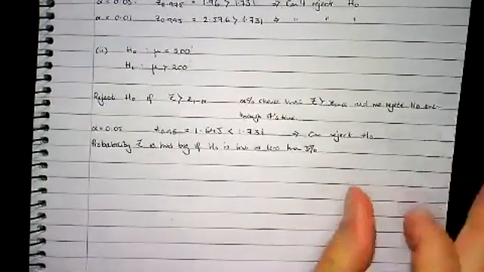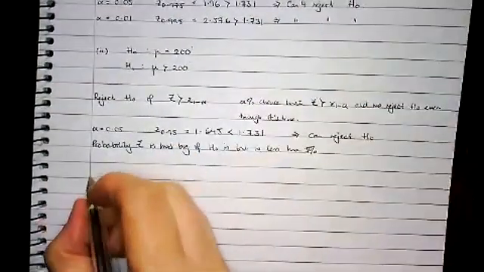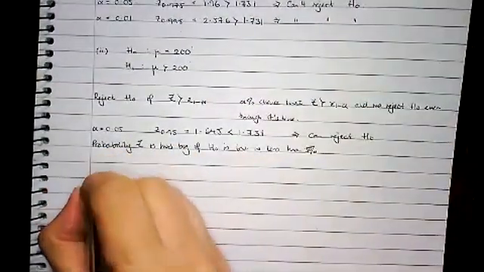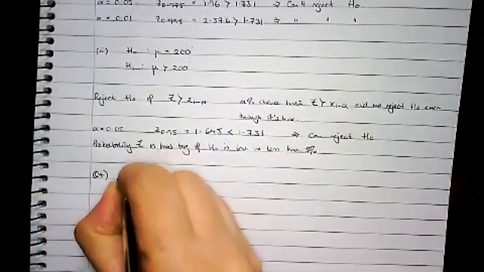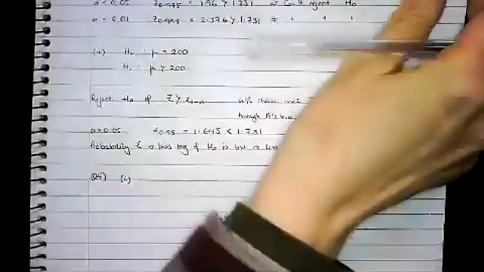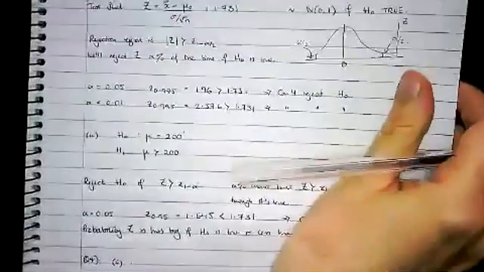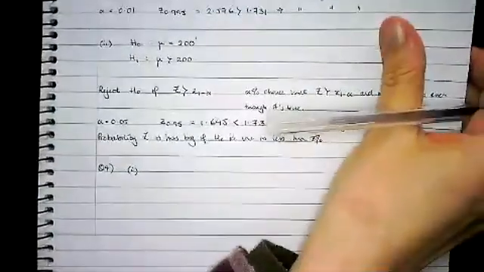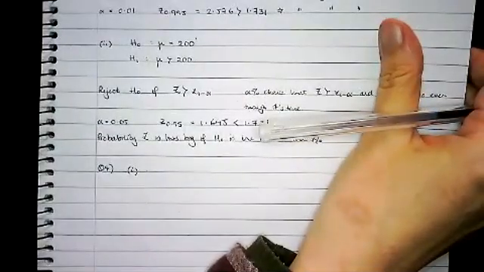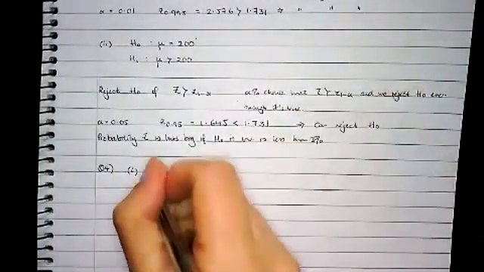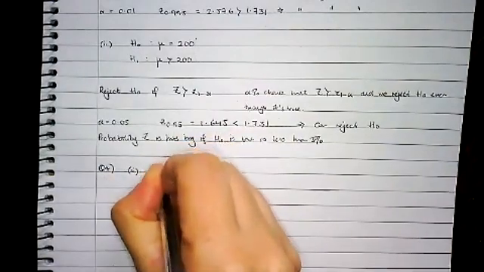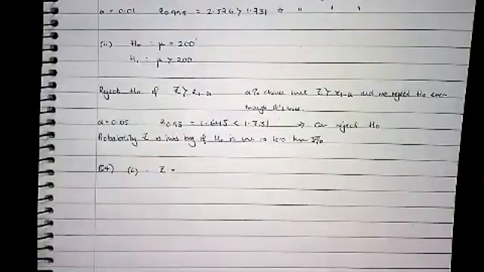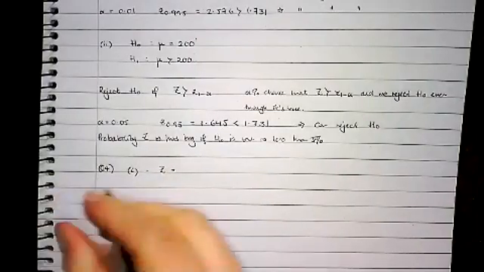Okay, so with that in mind, what I'd want you to look at is question 4, part 1. And you should be able to do something relatively similar. So the first thing you need to be doing is find your test statistic, Z. Find your rejection region for H0.